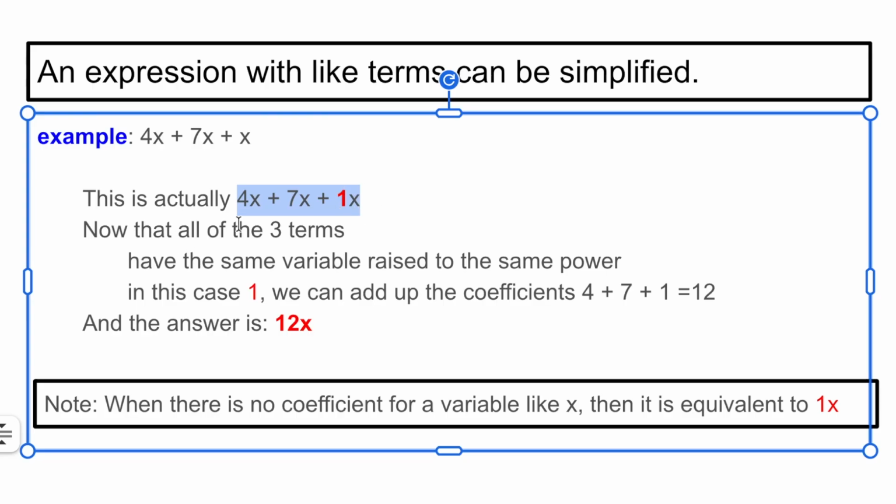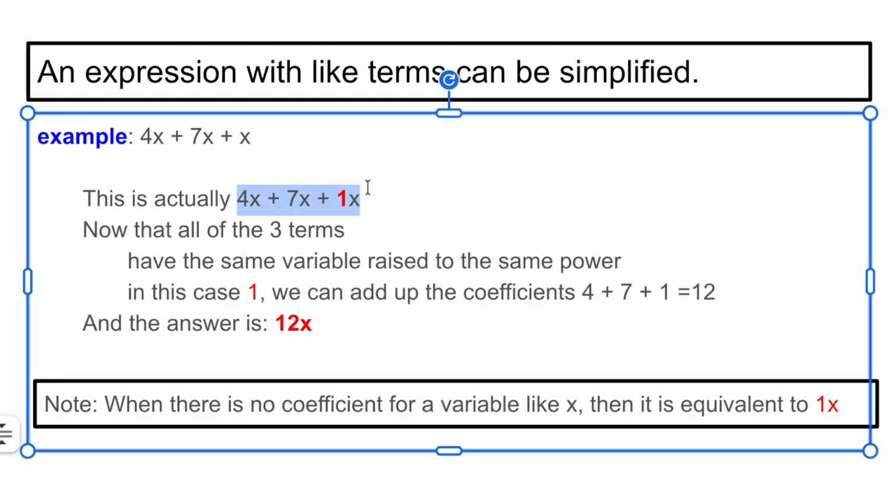Now all of these have the same term. X is the variable here. All of them have x raised to the power 1, whatever the coefficient is, with coefficients of 4, 7 and 1.